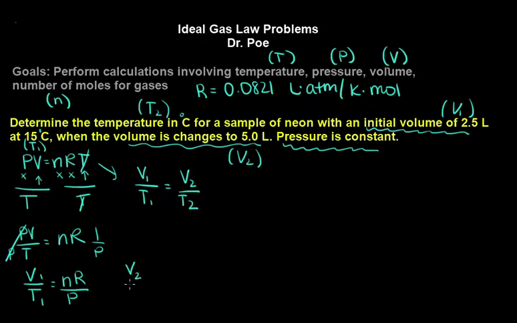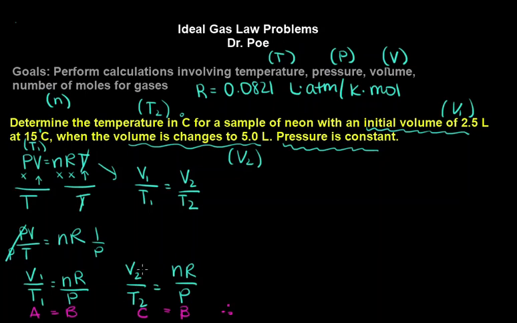So we know that if we did the exact same thing for the final, we get V2 over T2 equals nR over P. And so in this particular equation, we know that if A equals B, V1 over T1 equals nR over P, and B equals C, because nR over P, that's our B from the initial, equals V2 over T2.